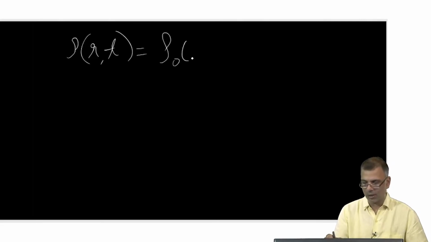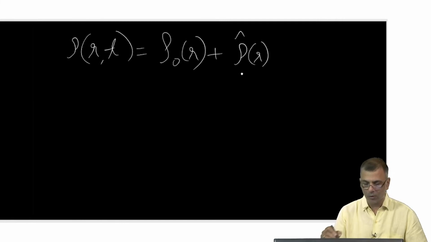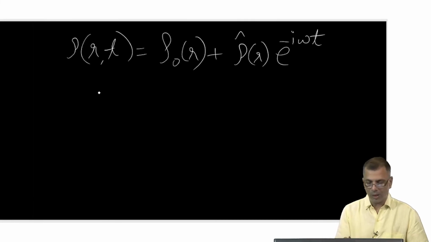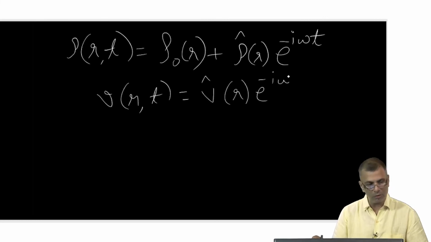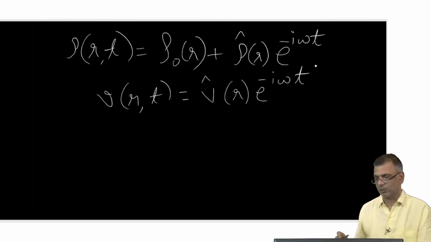The background density is still steady state, but we introduce a small perturbation. The density and the velocity are also functions of the radius and of time, and we assume that there is a very small velocity which is a function of r, and it is a function of time through this. This is the assumption.